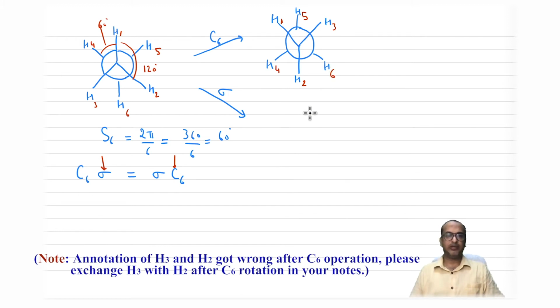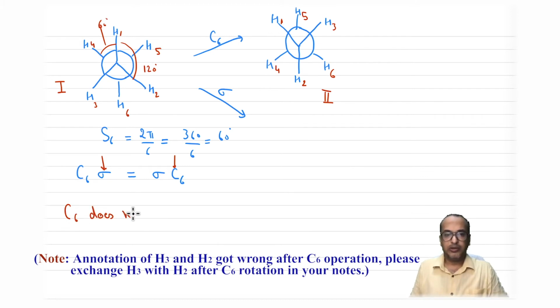6, right? So this looks right. Now you can see that if we denote this as molecule number 1 and this one as molecule number 2, so 1 and 2 are not in equivalent configurations, right? The configuration of this is not equivalent to this. So we can say that C6 does not exist in this one.